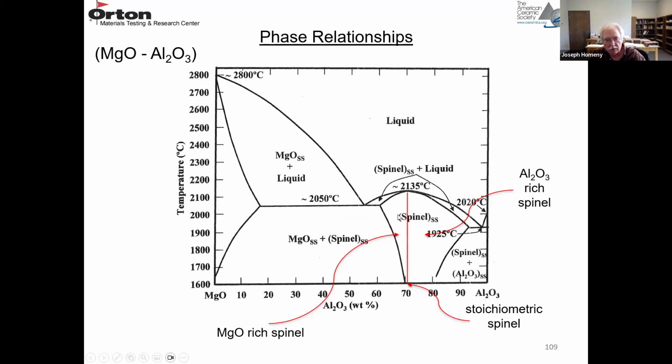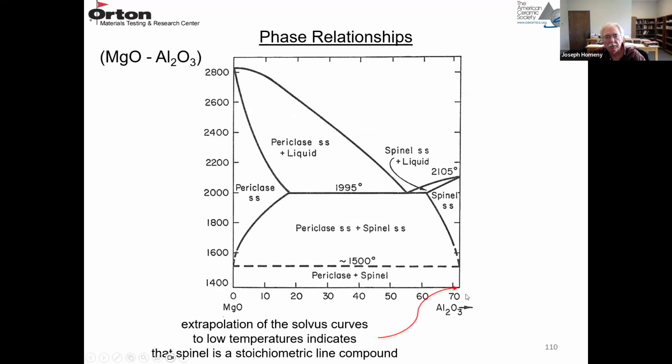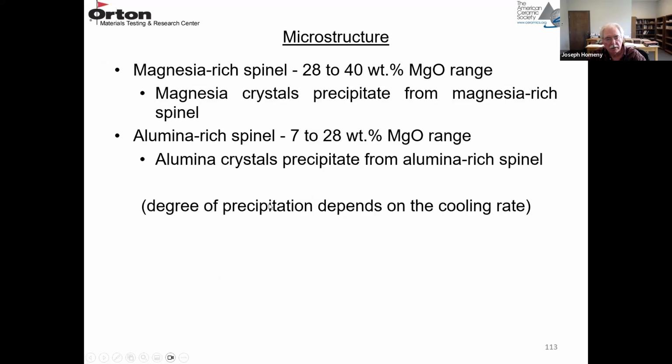So that's alumina-rich and that's MgO-rich. So depending on how you cool these, it's going to control how the precipitation takes place, how much magnesia or alumina crystals precipitate, and their size.